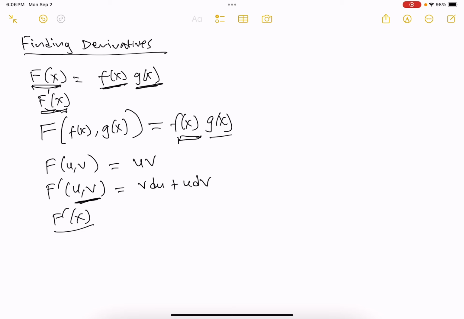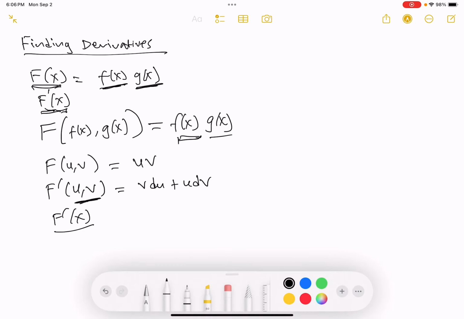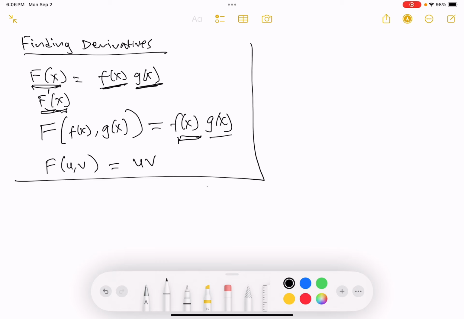So I will move on to essentially our topic for right now, which is going to be the quotient rule. So you know how the above here was f of uv is equal to uv.